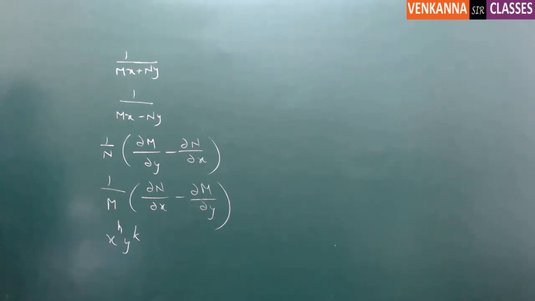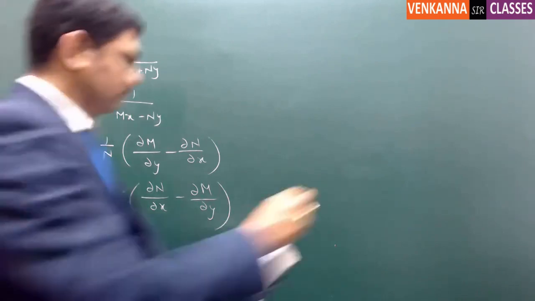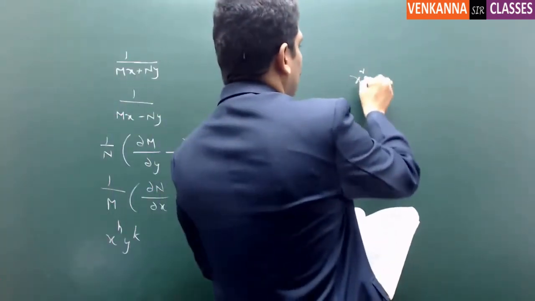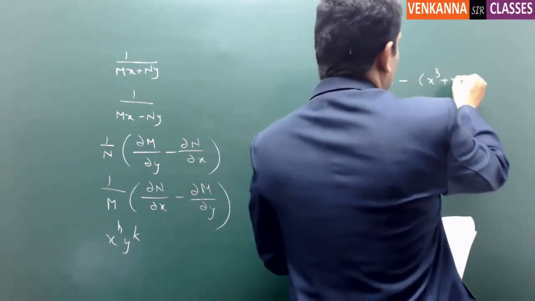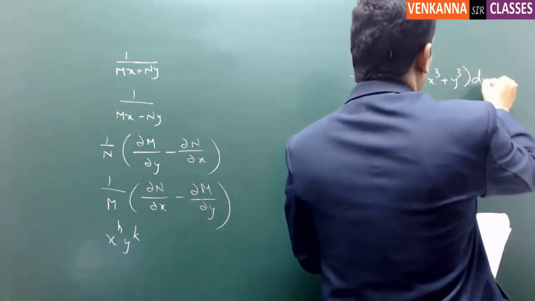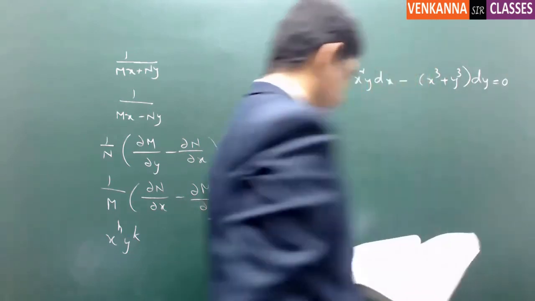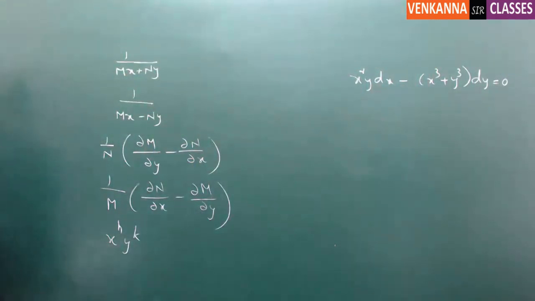Solve the differential equation x square y dx minus of x cube plus y cube into dy equal to 0. So please take a note of that. After noting, inform.